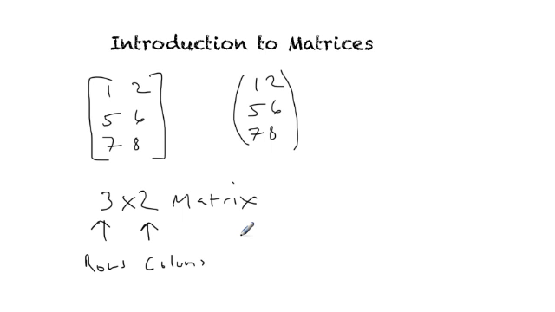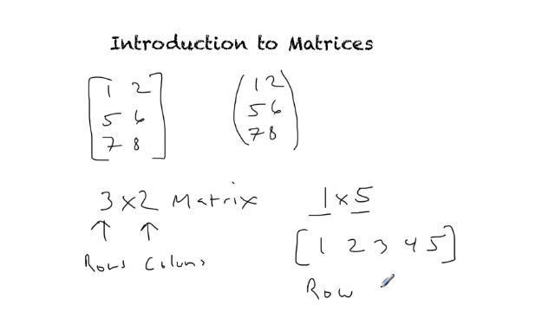All right. Let's say we have something that's a 1 by 5. 1 by 5 is 1 row and 5 columns, so that would look something like 1, 2, 3, 4, 5, like this. That we would call a row vector. Anytime it's 1 column or 1 row, we call it a blank vector. In this particular case, it's a row vector.